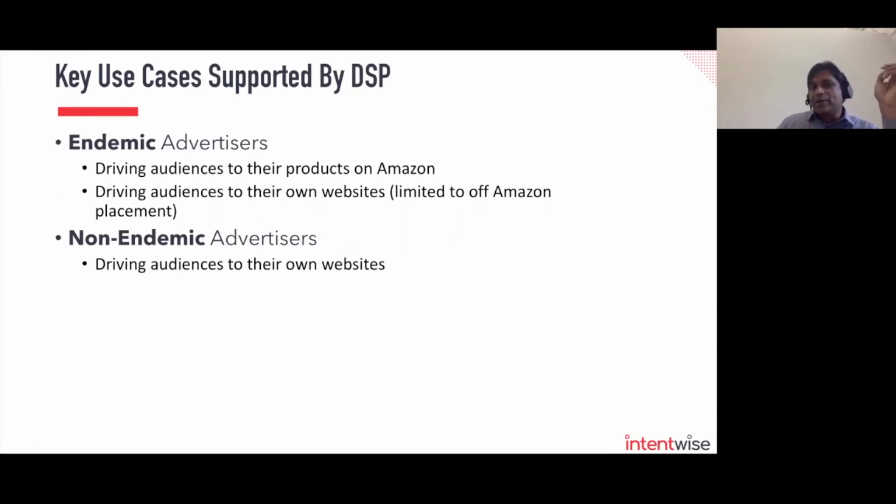But as an endemic advertiser, that's going to come with some restrictions where you're going to have some placement limitations, where your ad inventory is largely off Amazon. And the non-endemic ones, of course, can target these audiences and bring people to their own websites. So that's the power of DSP. I mean, sponsored display, which is an ad type on sponsored ads, has no value prop for non-endemic advertisers, for instance. But yeah, these are the main use cases.